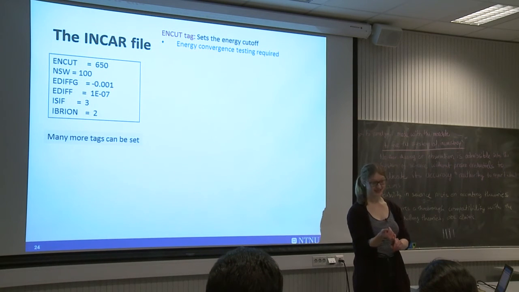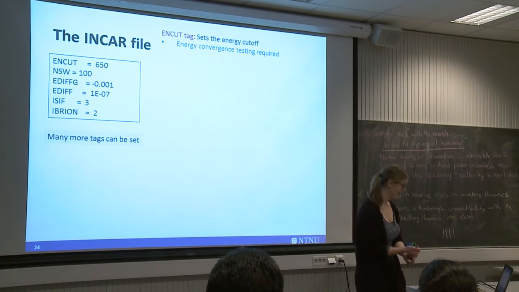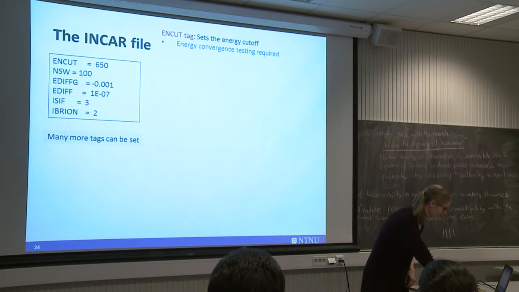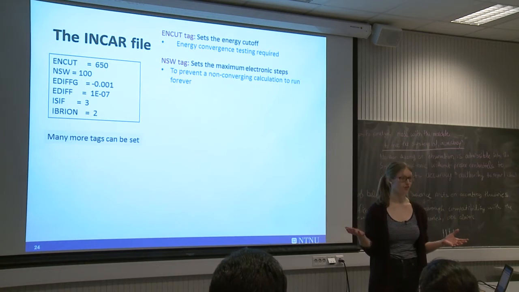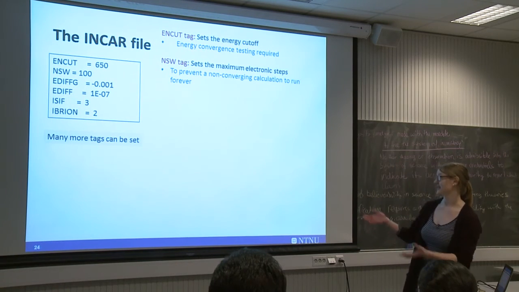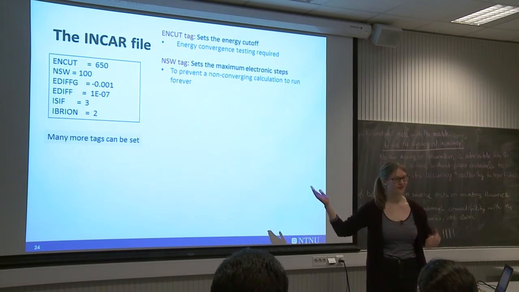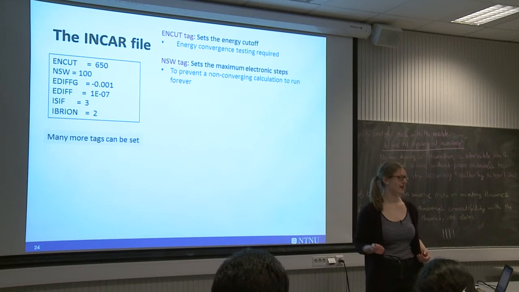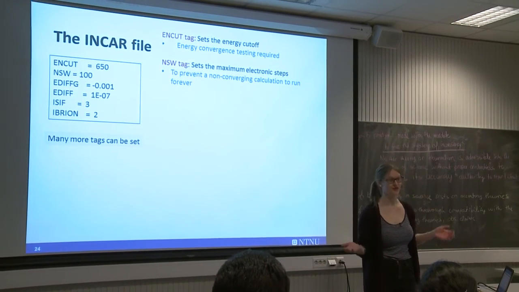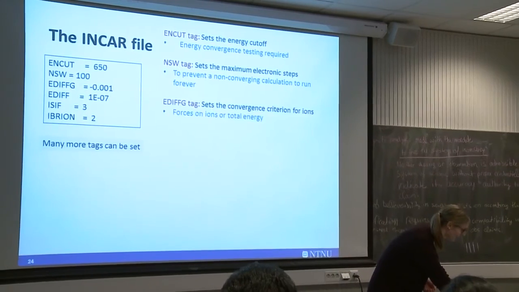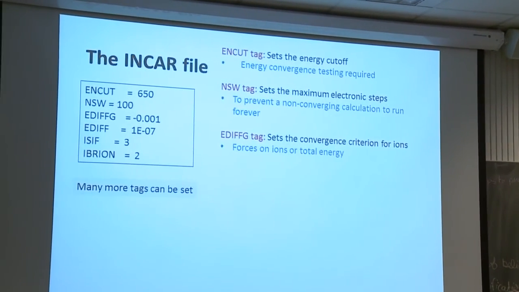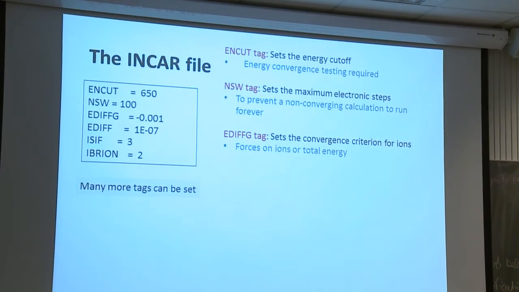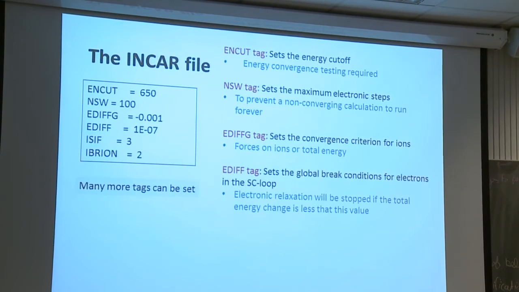That needs to be tested by convergence testing. I'll come back to that. Then, for example, you set the maximum number of electronic steps. That's basically to prevent the calculation from never ending, so it has some sort of dropout if it never converges. And you always set the convergence criterion both for ions and electrons.